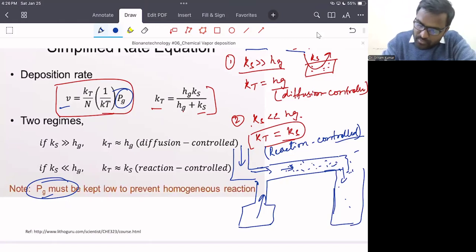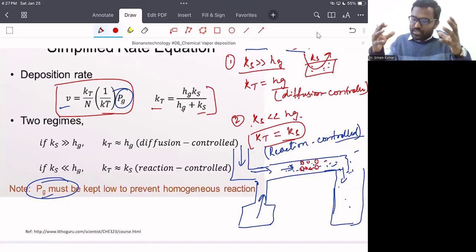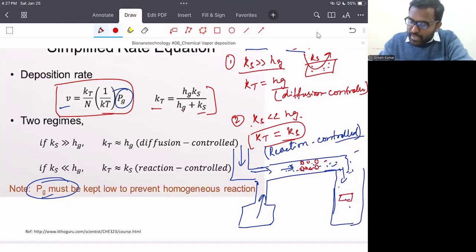There is the possibility that homogeneous reactions happen. So if too much pressure is there, the gaseous molecules may react in the gaseous phase. In that case, you have vapor here, and the gaseous molecules are reacting in the gaseous phase only.